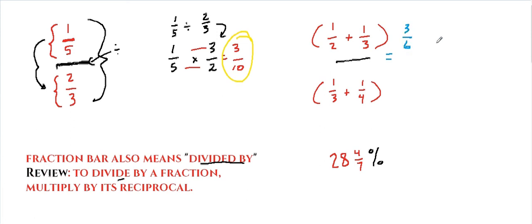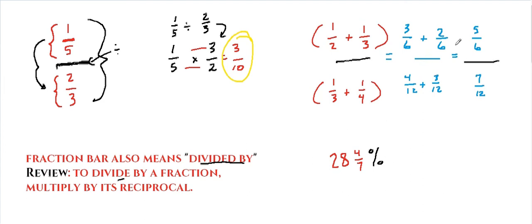We're going to use the common denominator, 6. 1/3 is 2/6. So I have 5/6 on top. On the bottom, we're using 12ths, so 4/12 plus 3/12 is 7/12 in the denominator.